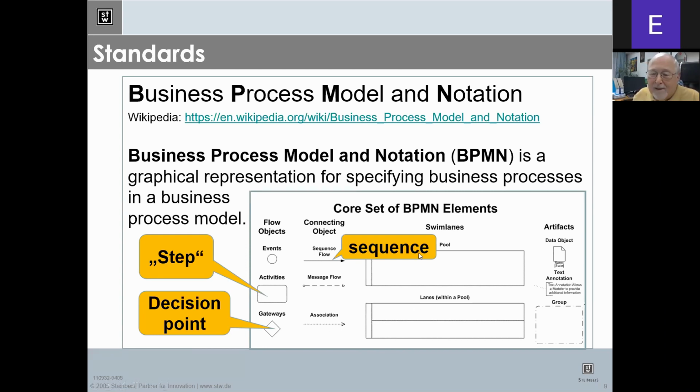Then the next are the swim lanes. I don't know who has invented this term, but it's coming from the sport side. Swim lanes represent an organization. I've mentioned before that it's very important to have the role of an actor.